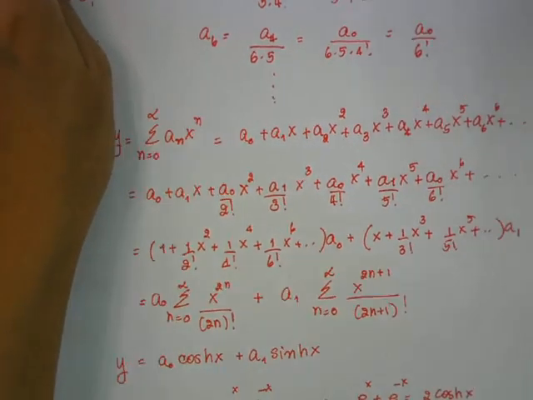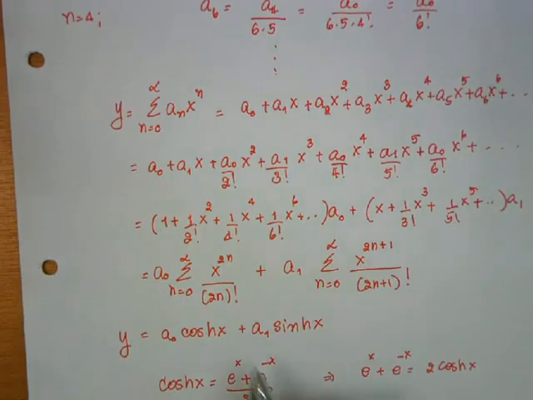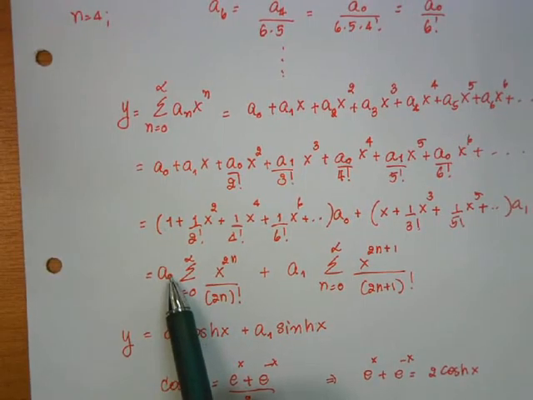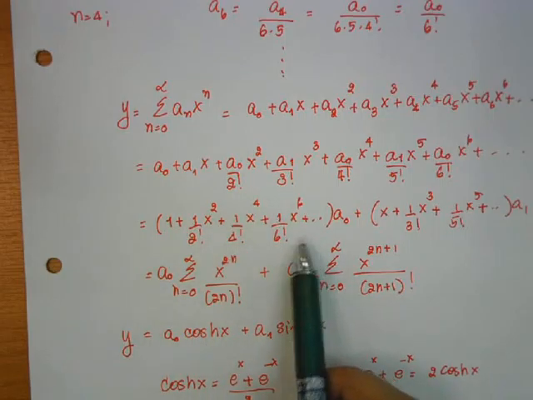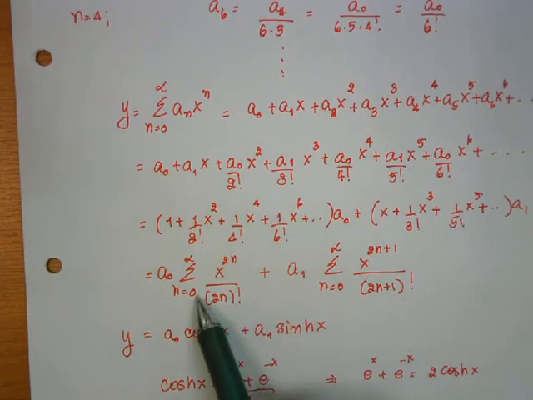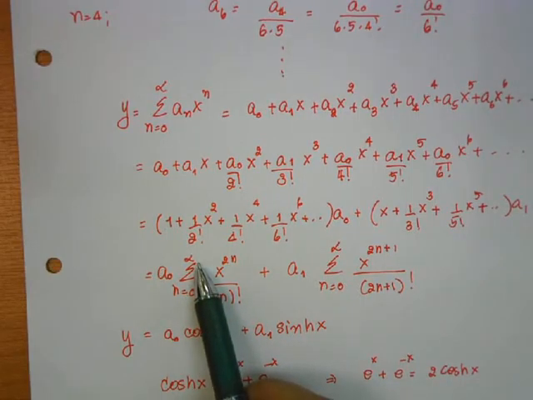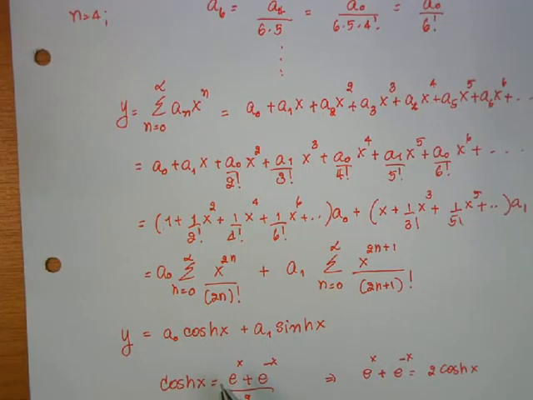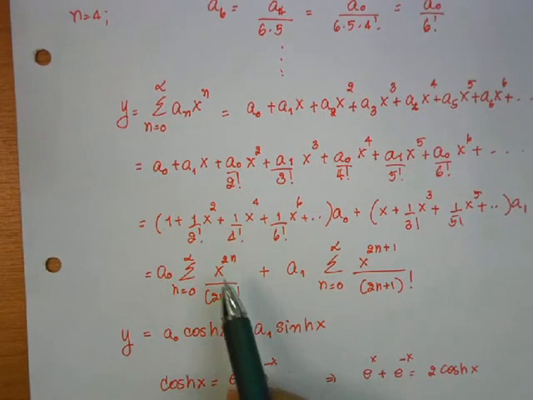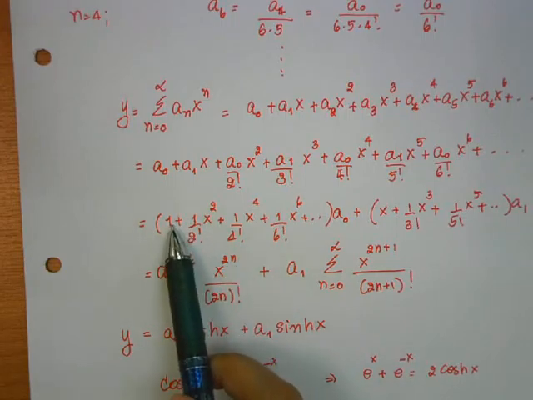So I rearrange it again. I would get a0, you can take it outside, times the summation of x to the power of 2n divided by 2n factorial, where n is starting from 0 to infinity. If you put n is equal to 0, you would get 1, right?